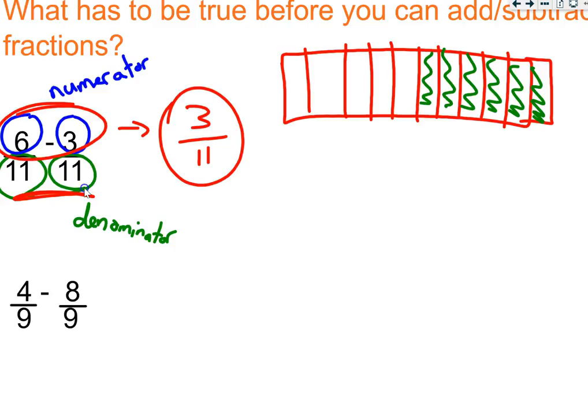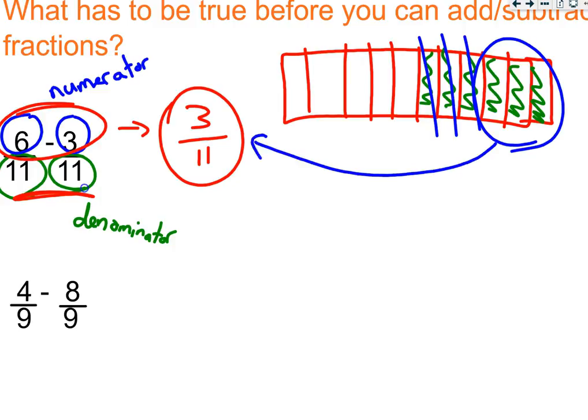Now removing 3 of those 11ths, how much is left over? As you can see, you have 3 portions or 3/11 left, which is the same as our answer. So if you do struggle with seeing the fractions, you can think of the pictures as a second option.